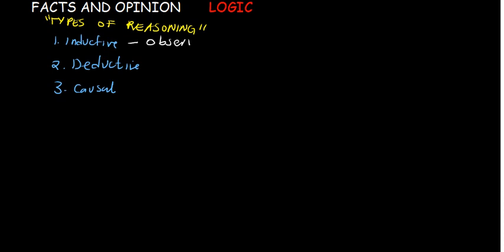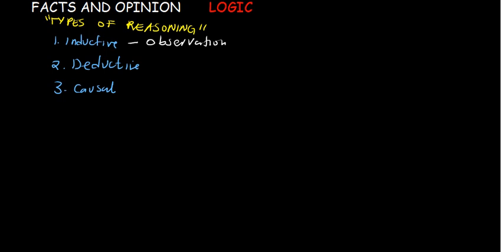Judgment is induced by observation, and it is often considered unreliable because it is only based on observation. Mostly, inductive reasoning is considered unreliable because it is only based on what you are able to see.